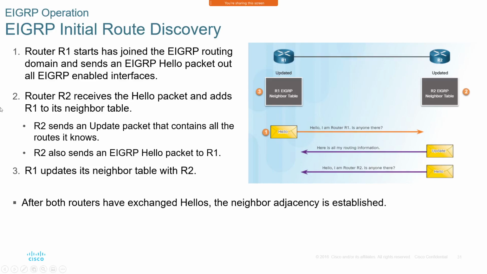In this case, we have router 1 sending a hello message. So it's basically saying, hey, I'm a router, I want to talk EIGRP. If you talk EIGRP, let's communicate. And then router 2 will send, here's my information. I also want to do EIGRP communication, so let's exchange information. And that's when they establish the neighborship.